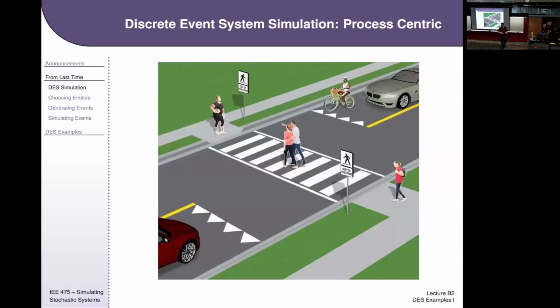So for an agent-based model, those spatial details are more important than in the process model, where those details end up factoring themselves into things like activity durations.